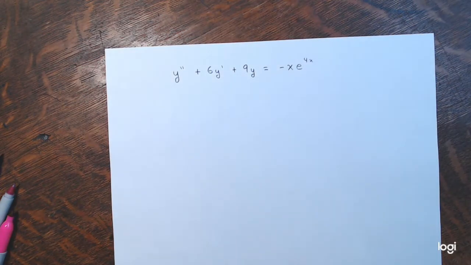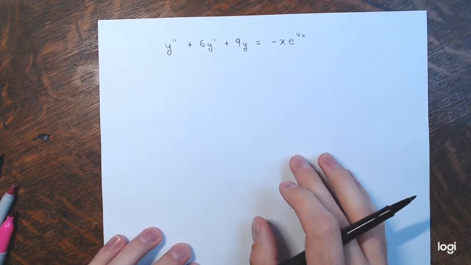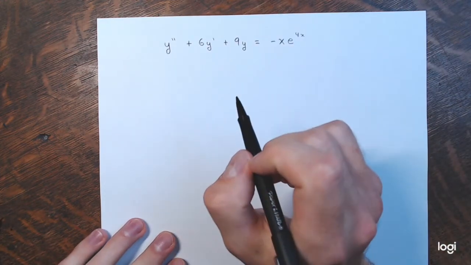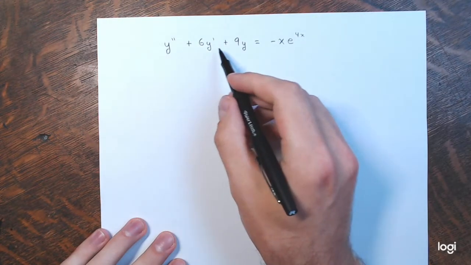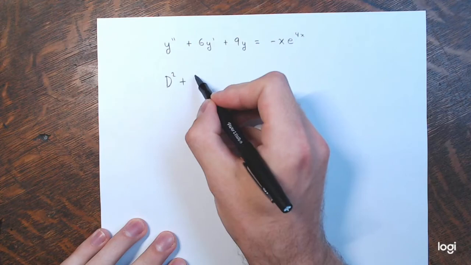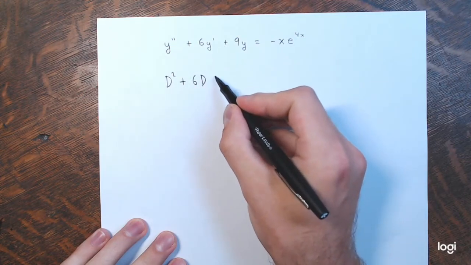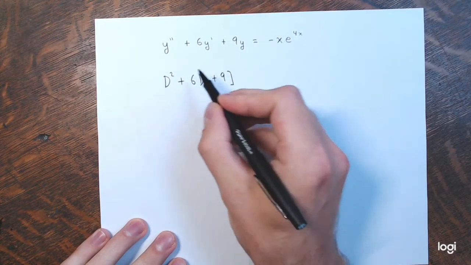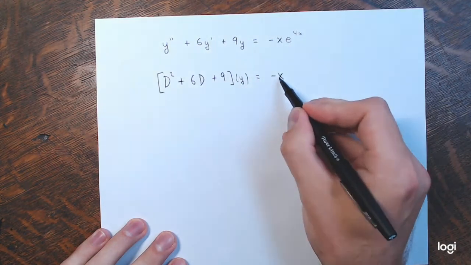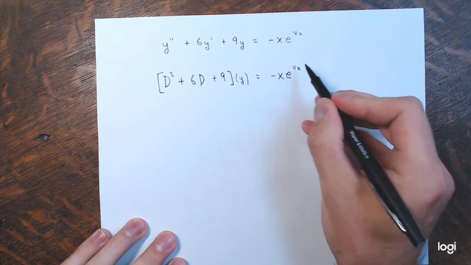And hopefully, again, you remember your annihilators. Alright, so this one I'm going to go a little quicker. If I write this with operators, this would be D squared plus 6D, first derivative, plus 9 applied to some function y equals negative x times e to the 4x.